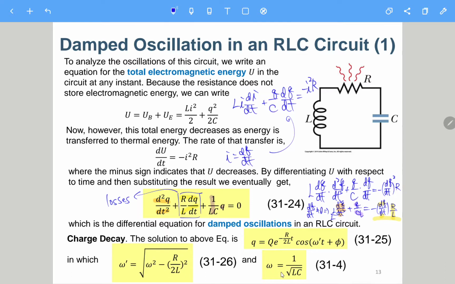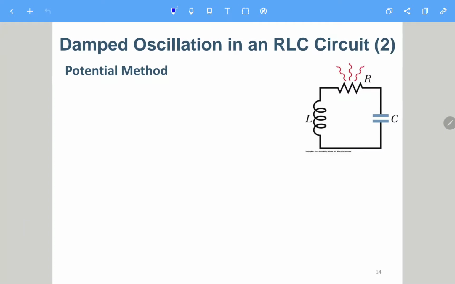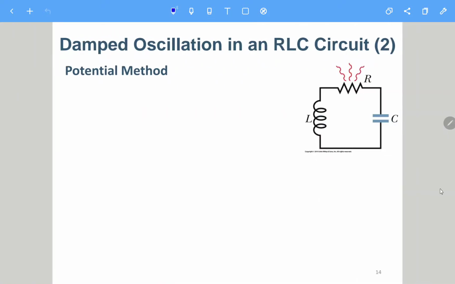Let's see why the expression looks like this. What we did was the energy method, but with the potential method we can still derive the same thing. This is Vc, this is V out, and this is VL.